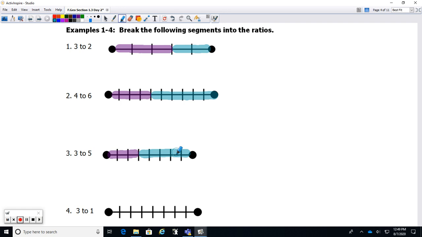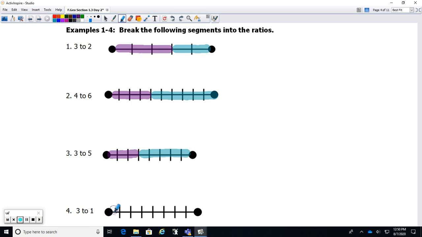And then my last one, 1, 2, 3. Ooh, this one isn't just going to have 1, 2, 3. So we've got to figure out 1, 2, 3, 4, 5, 6, 7, 8. So we need to divide it up. So I'm going to go ahead and say 6.